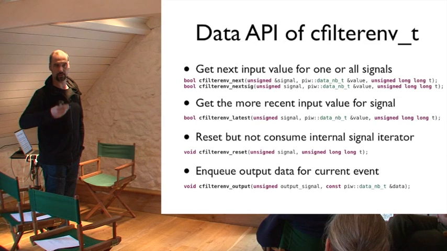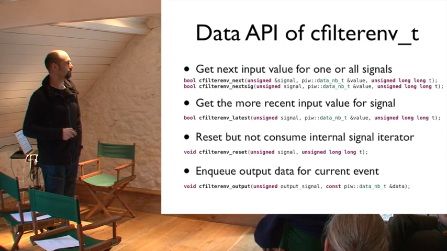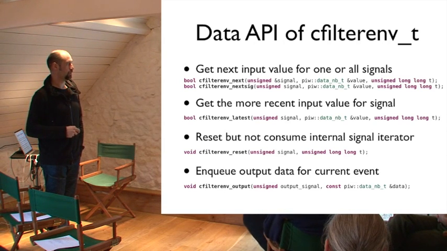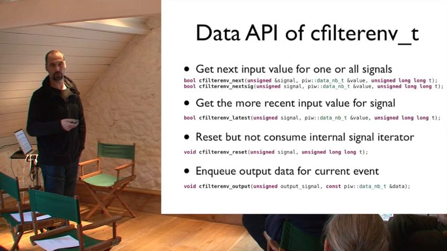Since an event could have many signals, you can use that to detect which signal that value actually corresponds to. As long as you keep calling that, it will give you the next value until it reaches that timestamp, which is basically the to in the process call.